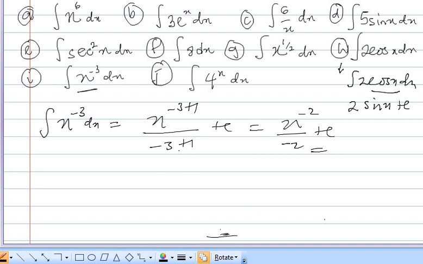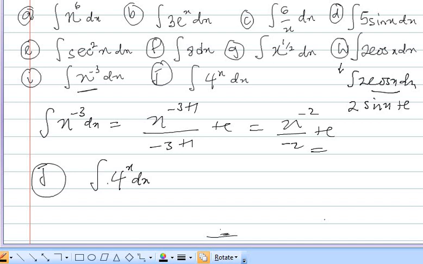The next question is J, and J is the integral of 4 raised to the power of x dx.